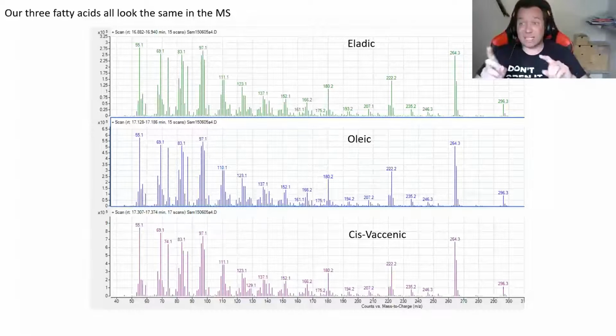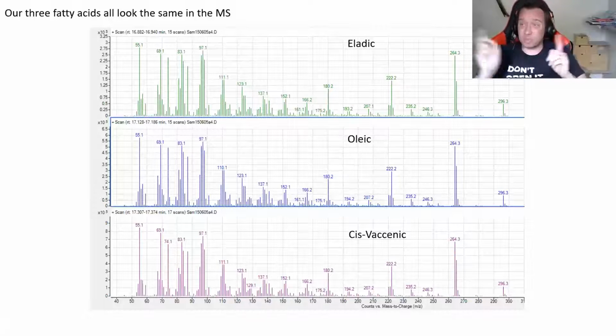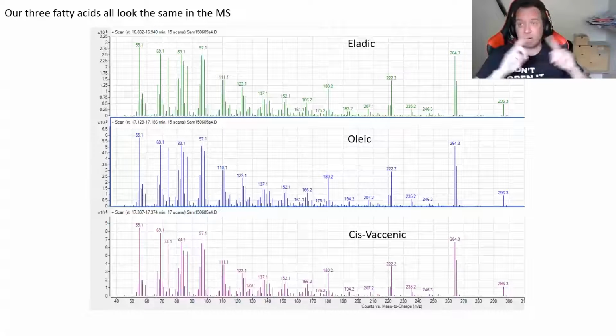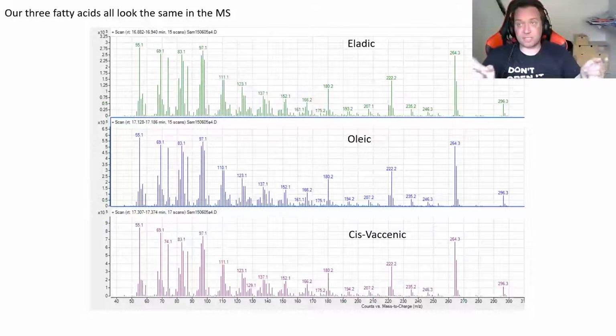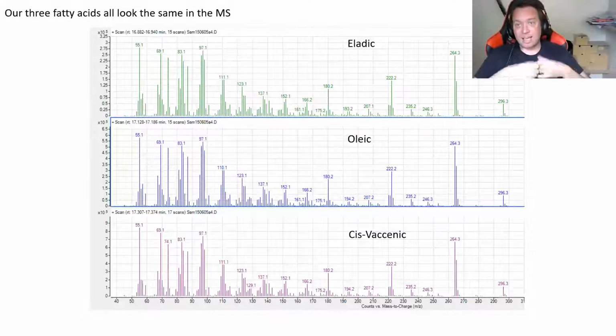And so in fact, our mass spectrometer has no power to distinguish between these 3 fatty acids. The power to distinguish between elaidic, oleic, and cis-vaccenic lies in the chromatography. So we can separate them based on their physical properties, but when we ionize them and smash them up in our mass spec, oleic acid methyl ester and cis-vaccenic acid methyl ester look identical.